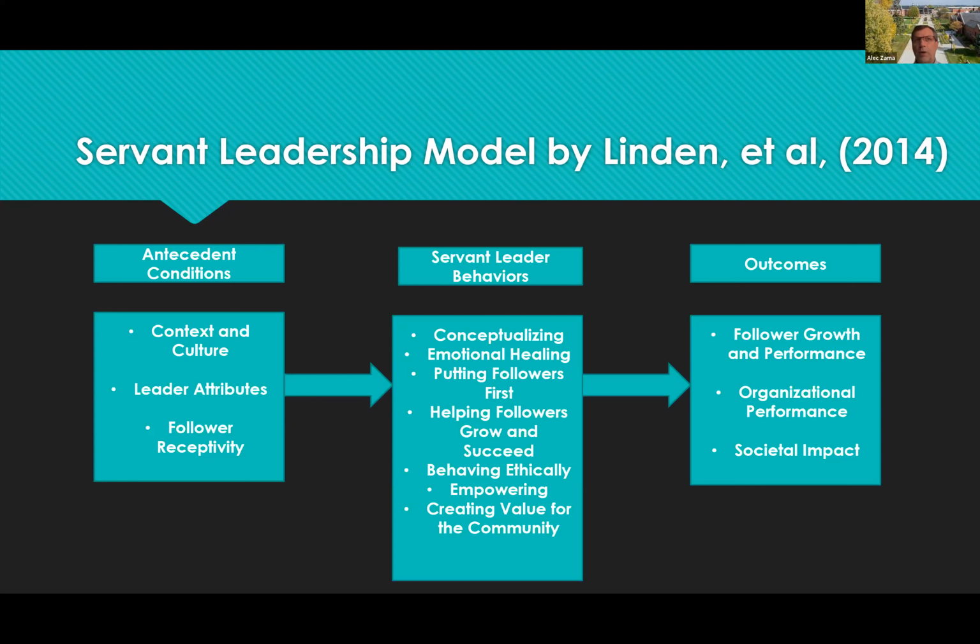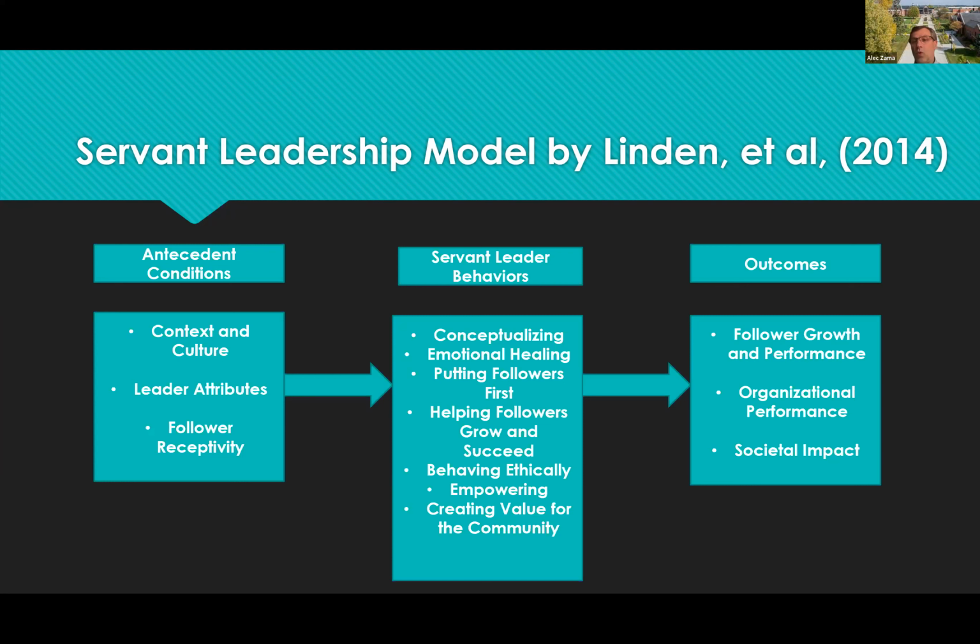One of the thoughts of Greenleaf was that followers will eventually become servant leaders. So there is some evidence from research that in addition to achieving high performance, followers will gain new skills that could transition into becoming leaders.